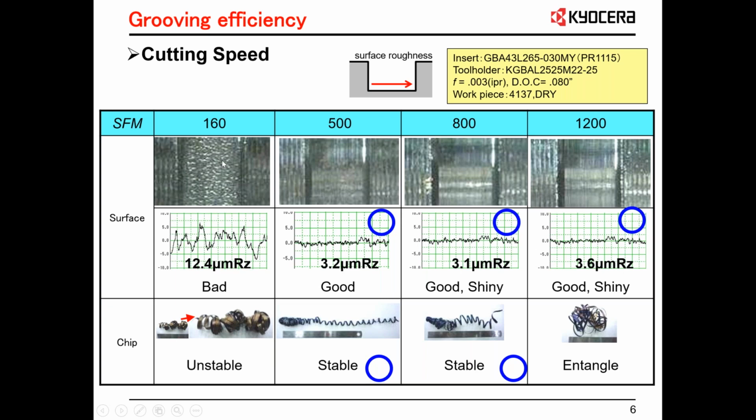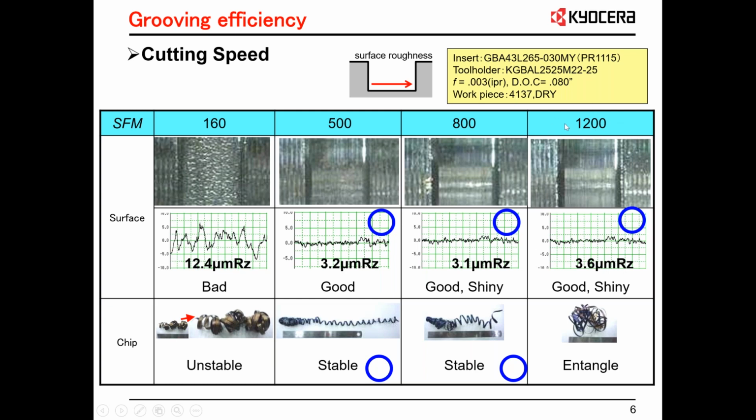It's too slow and it's not creating good chip control, as you saw. Very unstable chips at the lower surface footage. But at 500, as we increase the speed, our surface finish basically maintained about the same all the way across. So you see we got good finish from the 500, 800, and 1200.